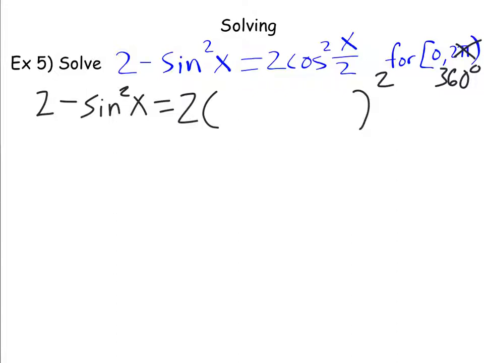You know, I've got cosine squared of x over 2. I'm going to go to my cosine half angle formula, and I'm just literally going to substitute the whole thing in. Right, and that substitution was right there.